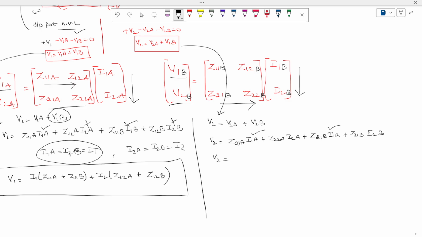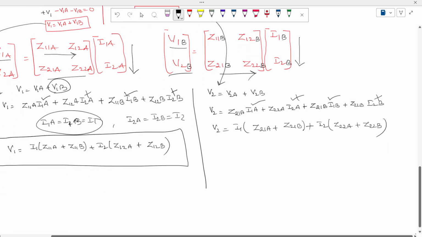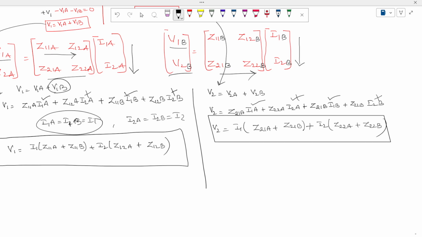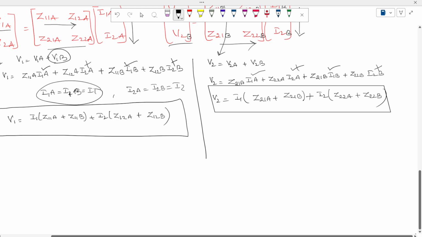Take I1 as a common term. Then we are going to get Z21A plus Z21B as one term. And for the next term take I2 as a common term. When we take I2 as a common term, we are going to get Z22A plus Z22B as the other term. So when you compare these two equations, we get the equation like this.